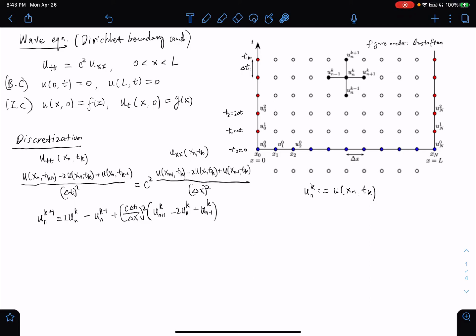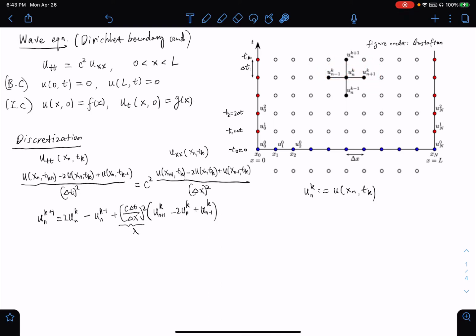The value u_n^{k+1} is a combination of four values: 2 times u_n^k, minus u_n at time step k minus 1, plus some constant, which we can call lambda, times a combination of three values, u_{n+1}^k minus 2u_n^k plus u_{n-1}^k.